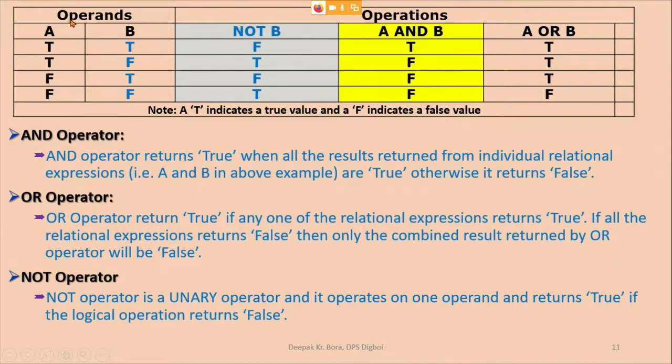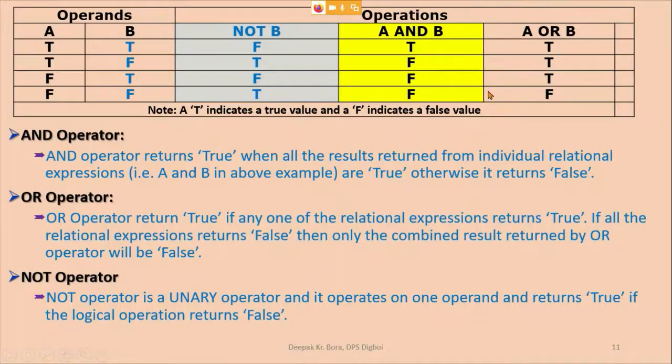It depends on the operands. A and B are the relational expressions. Remember this. Forget about NOT now. We are discussing AND and OR. If both A and B are true, the output will be true. If any one of them is false, the output will be false.